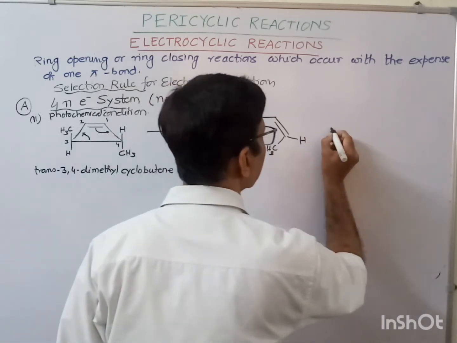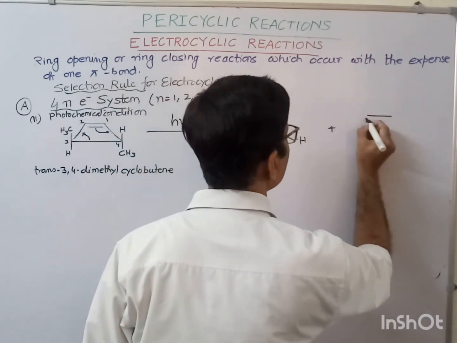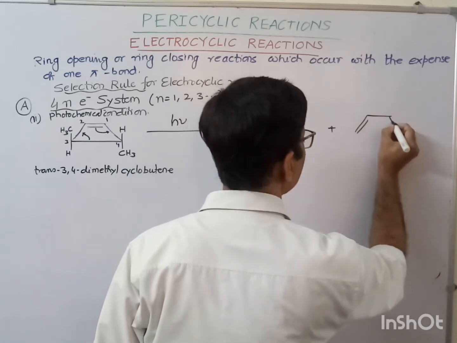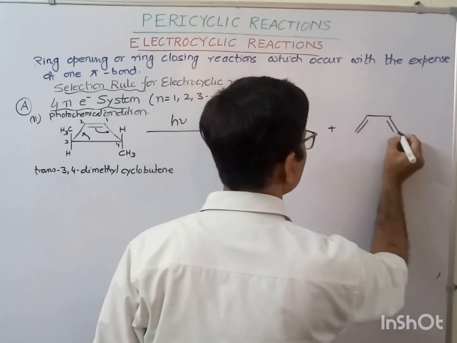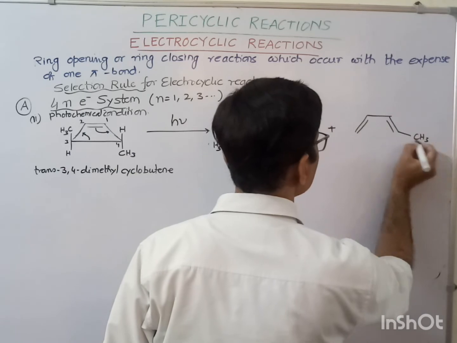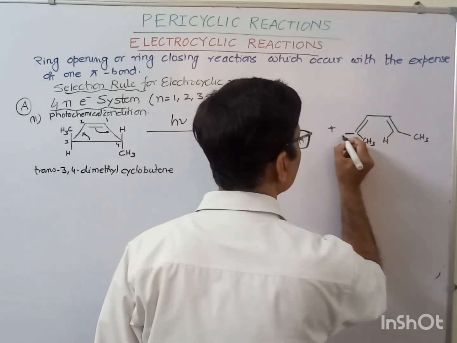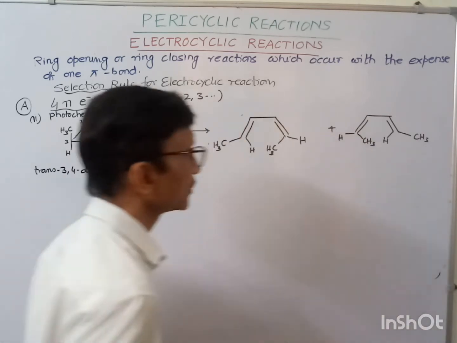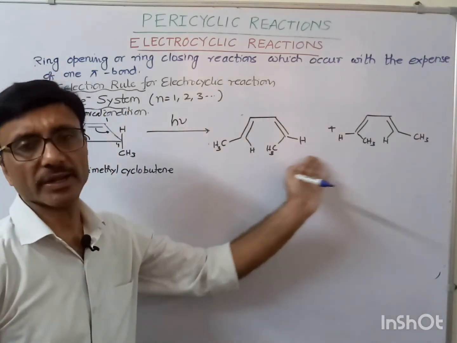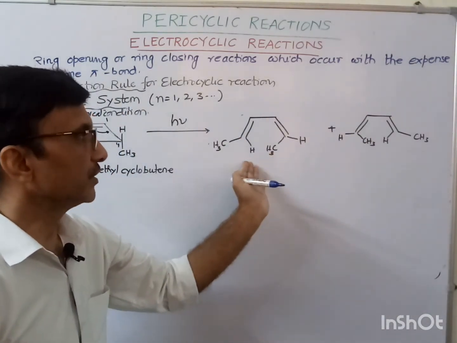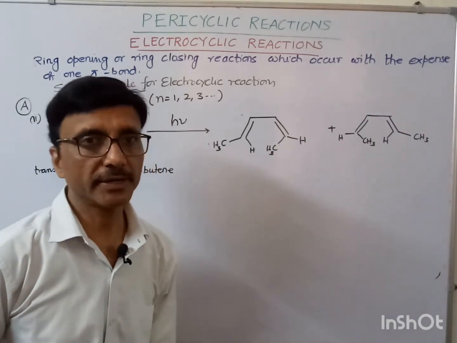Either this or this, and both are equivalent. Either this product or this product was obtained.